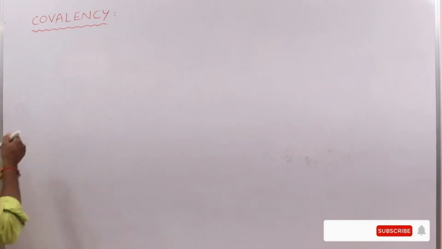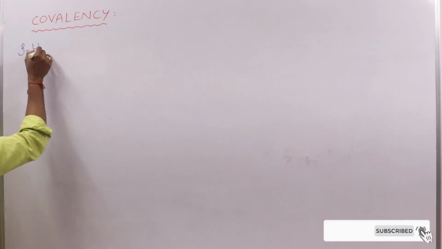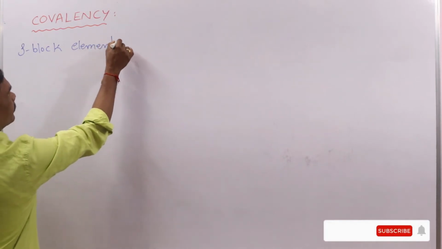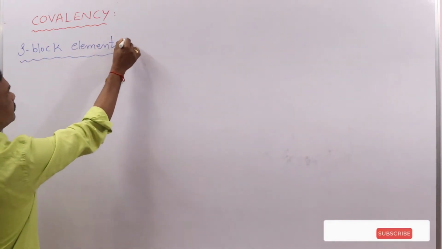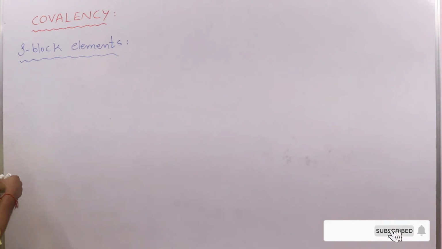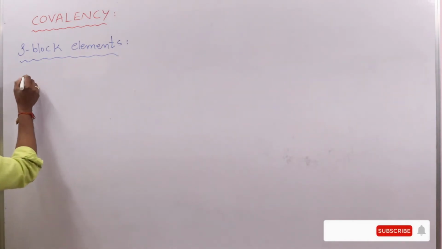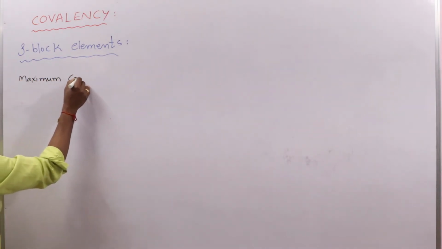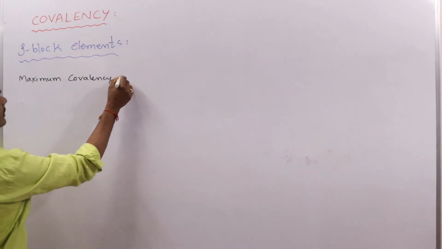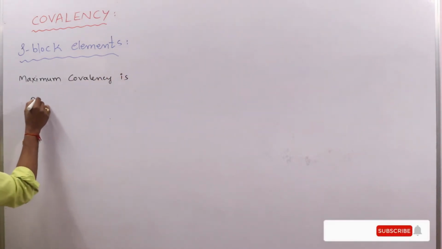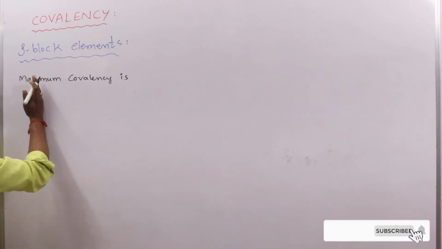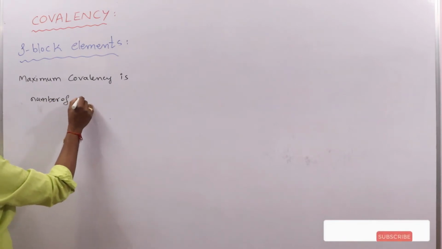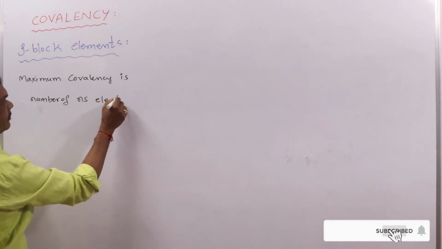First one is s block elements. For s block elements, maximum covalency is the number of ns electrons.